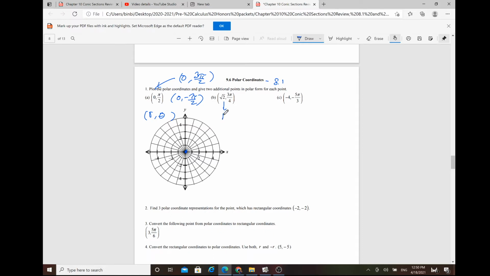Root 2, where r is the radius, and the direction is 3 pi over 4. So 3 pi over 4 is all the way over here, going around, and then the radius is root 2. Root 2 is greater than 1 but less than 2, so somewhere over here.